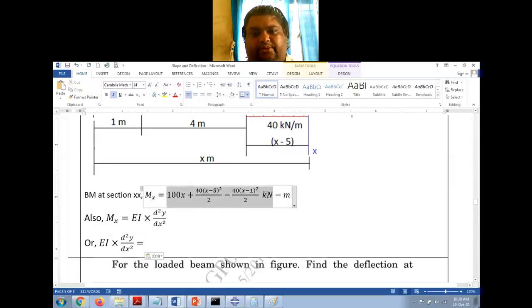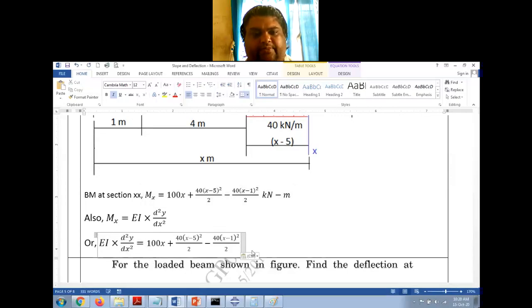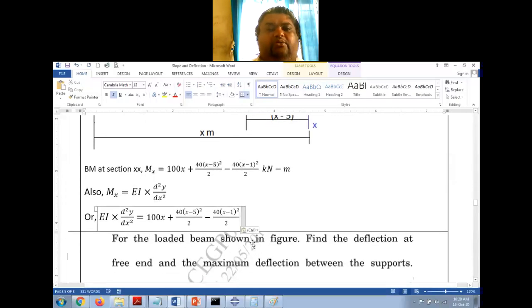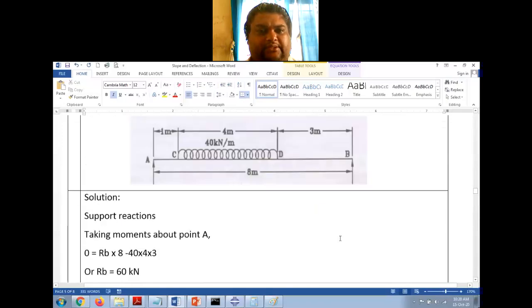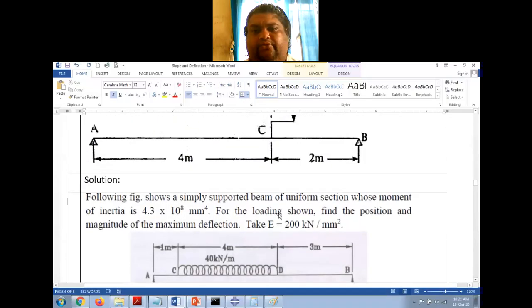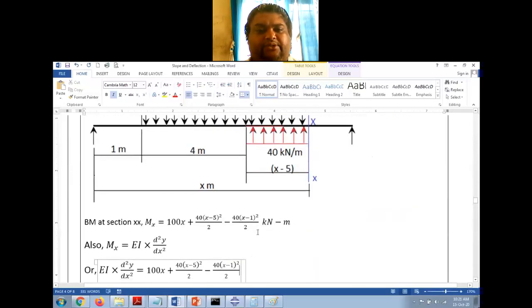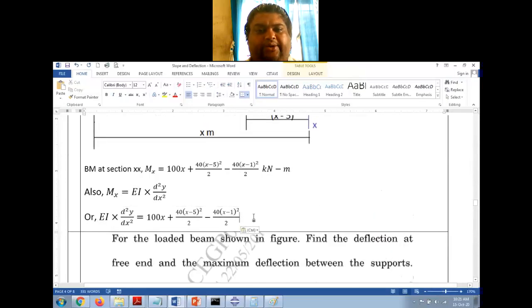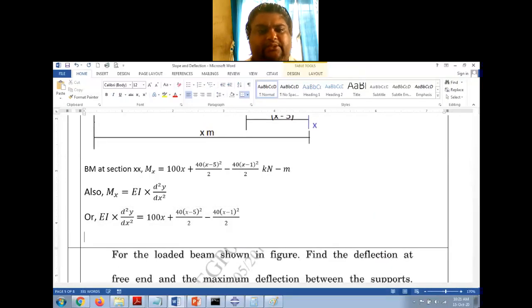I'll just have to copy this and put it here. Okay. Now in order to obtain the slope and deflection, I have to integrate this equation. What is asked in the question? For the loading shown, find the position and magnitude of maximum deflection. He has asked only maximum deflection. So I have to integrate this twice.